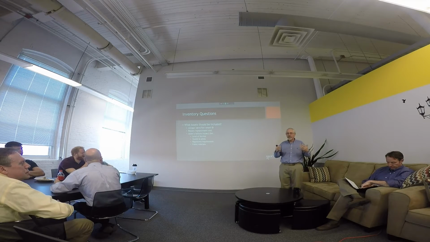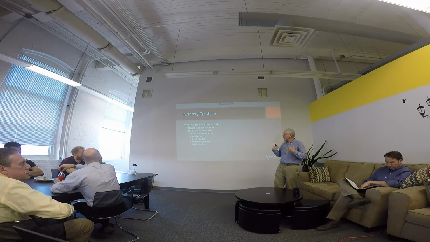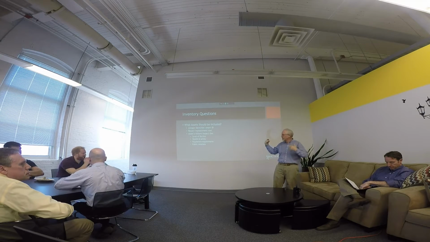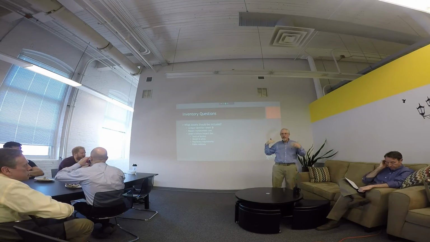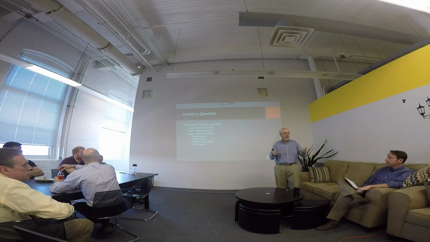When you're collecting the information about your assets for your inventory, keep in mind, even though this will be covered in greater detail, the consequences of that asset failing. What does that asset do?